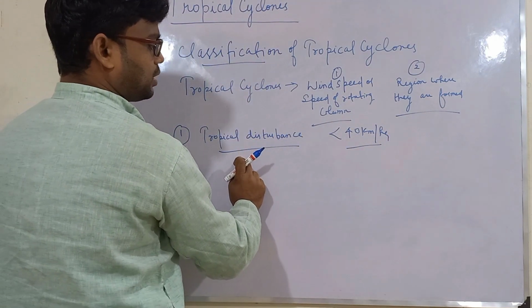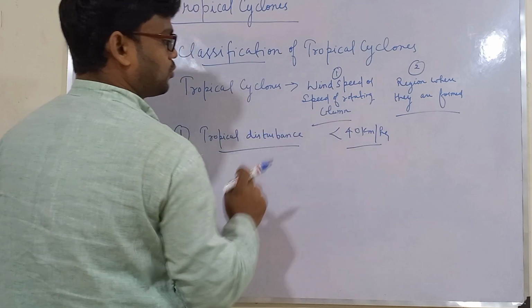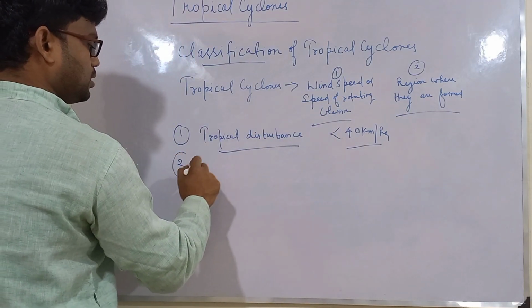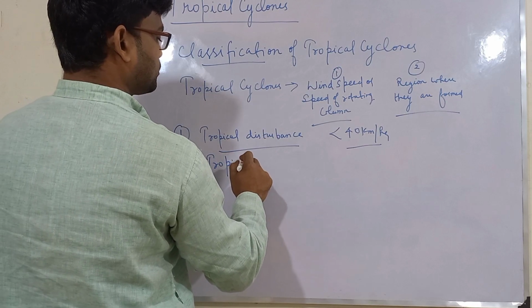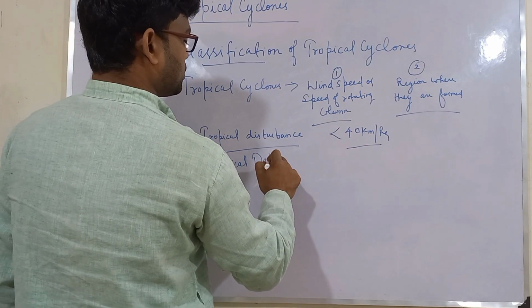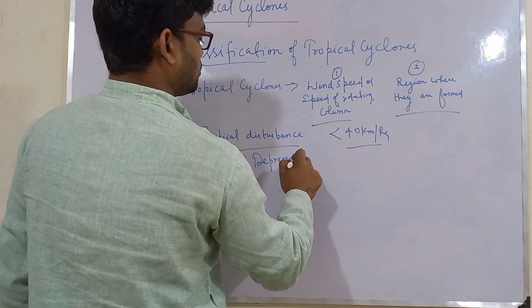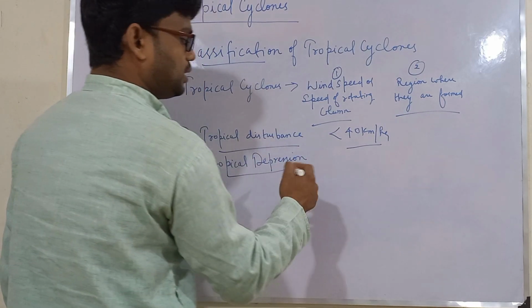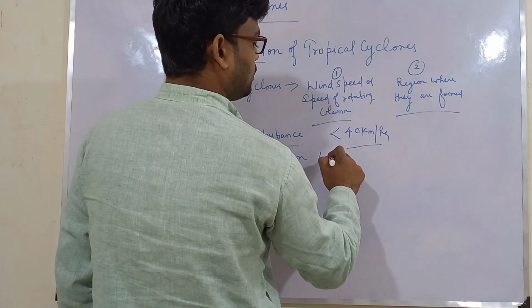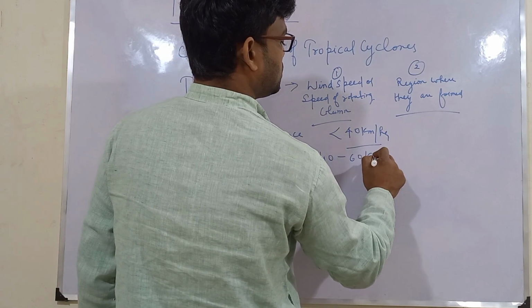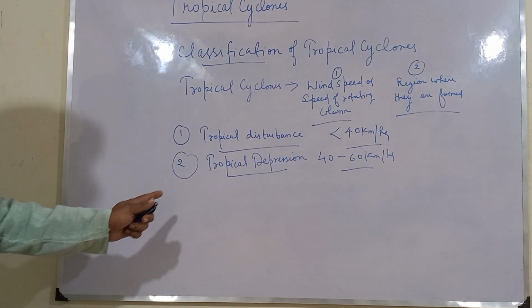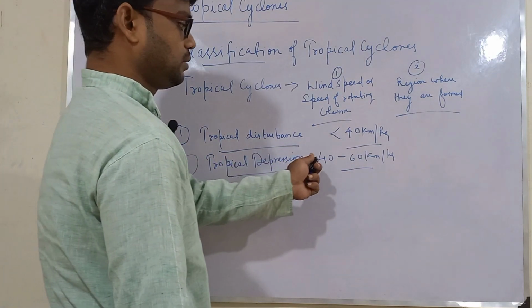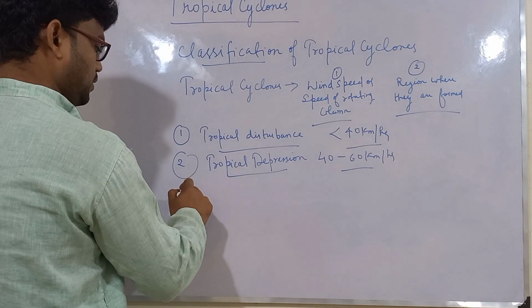Second, it is known as tropical depression, when the wind speed is between 40 to 60 km per hour.